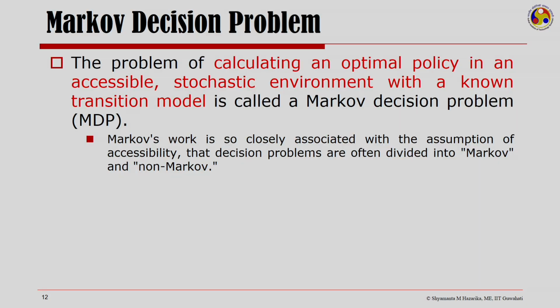So, the problem of calculating an optimal policy in an accessible stochastic environment with a known transition model is called a Markov decision problem.